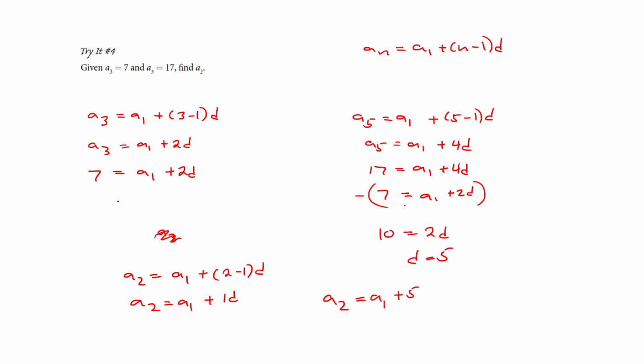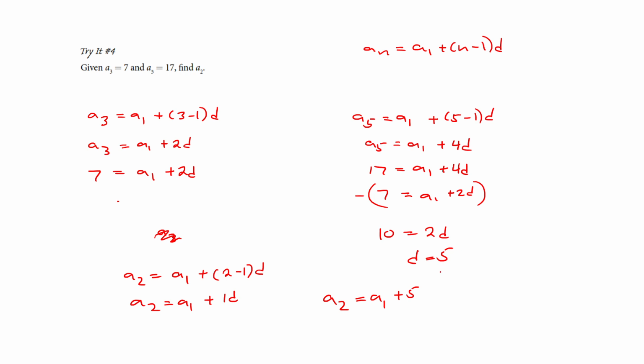Now I don't know A1, but I had a system of equations that could help me find it. I think logically it would have been better to just think, okay, if you keep stepping 5 each time, if your A3 is 7, then A2 is going to have to be 5. But let me just finish this since I've done it here.